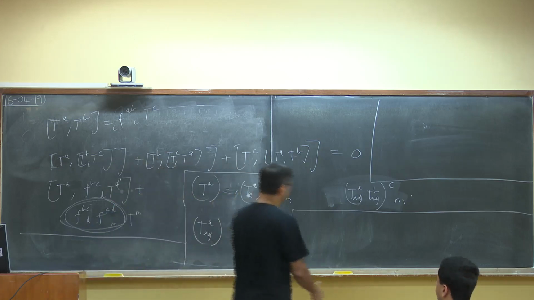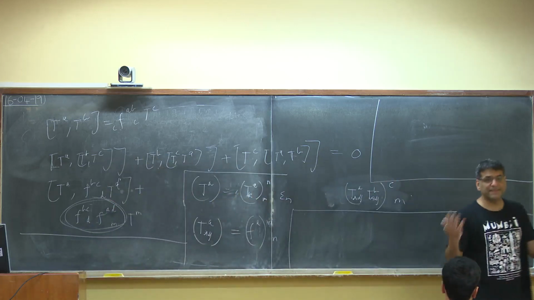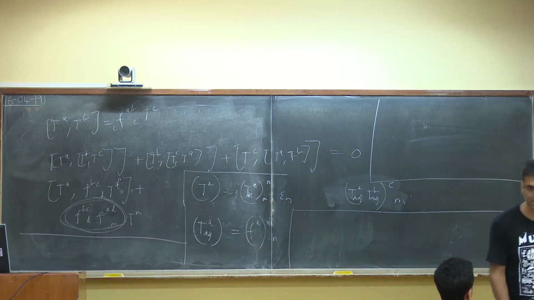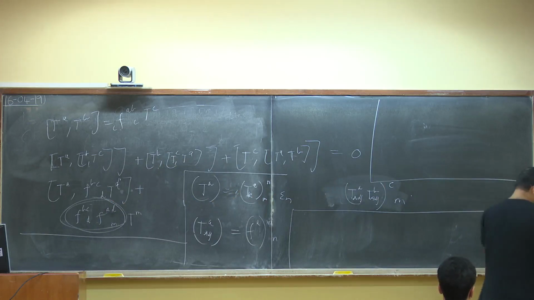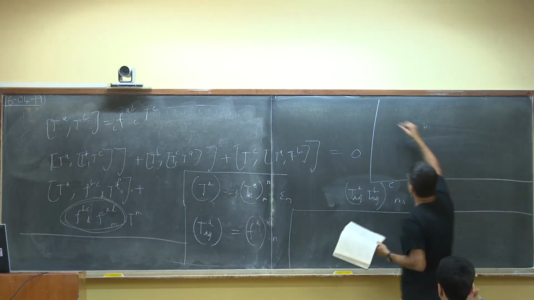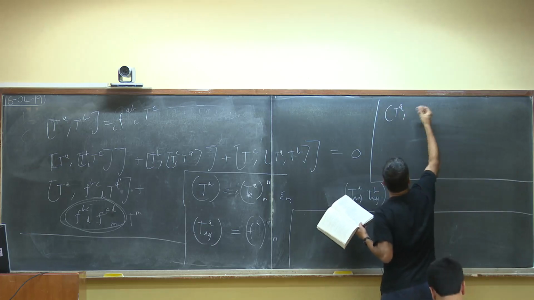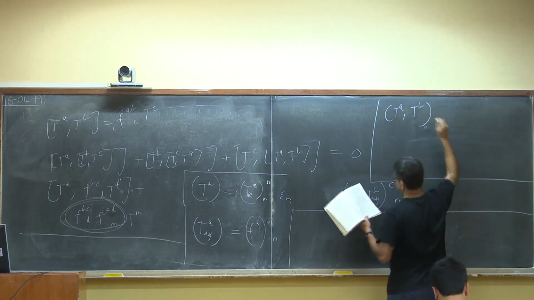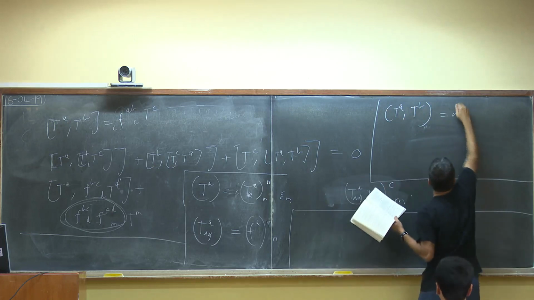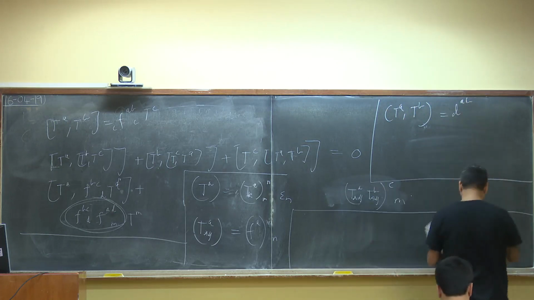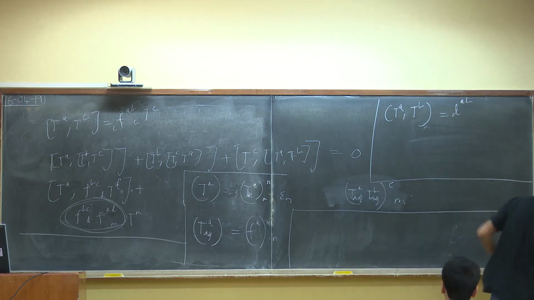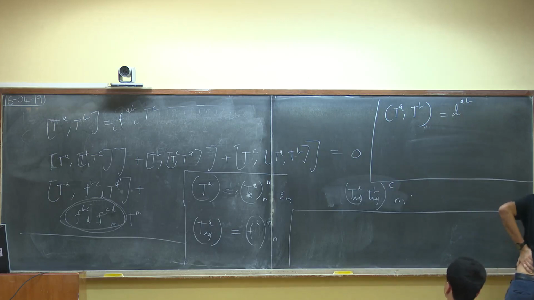Now what we're going to do is a little more. We're going to endow this vector space of generators with a norm, with an inner product. So we define some inner product of the form (T_A, T_B) = D_AB.